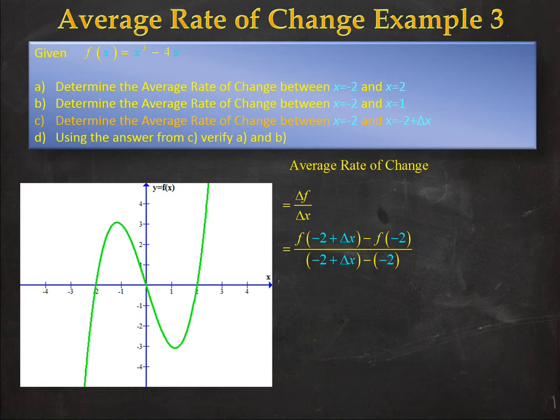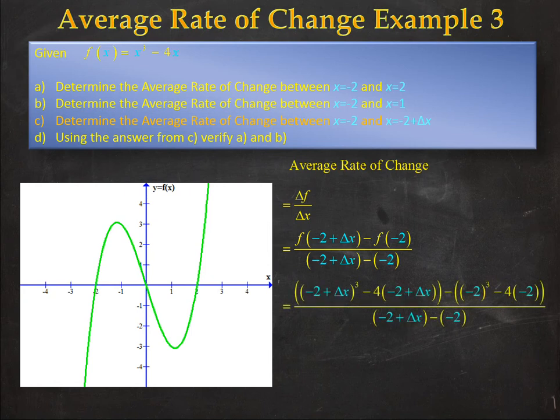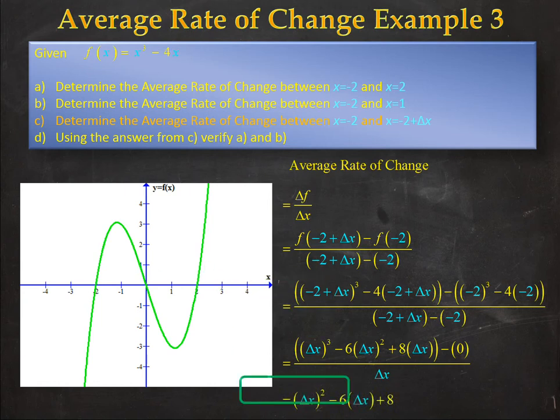I'll plug these things carefully into my function. You notice how it's minus 2 plus delta x cubed, minus 4 times minus 2 plus delta x. And likewise for the second part is minus 2 cubed minus 4 times minus 2. So I'll do some algebra, and it still looks kind of scary, but you'll notice that when I simplify, the delta x's can cancel from my denominator and get rid of some delta x's from my numerator, and it simplifies to this algebraic expression.